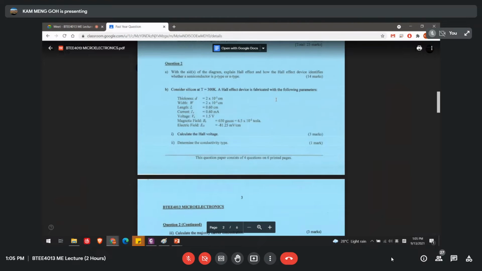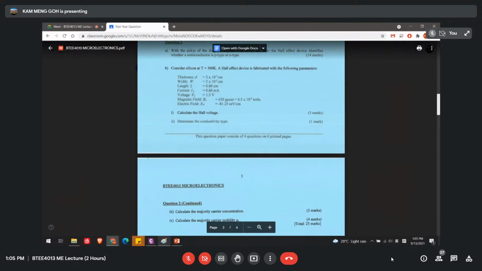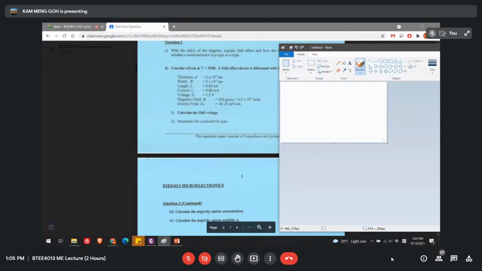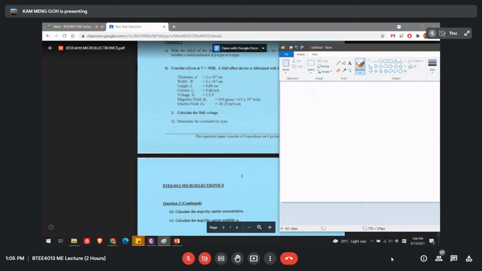Let's see 2B. Consider a silicon Hall device at T equals 300 K, fabricated with thickness D of 2 times 10 to the power negative 3 cm, width W of 2 times 10 to the power negative 2 cm, and length L of 0.6 cm. All these are in cm.